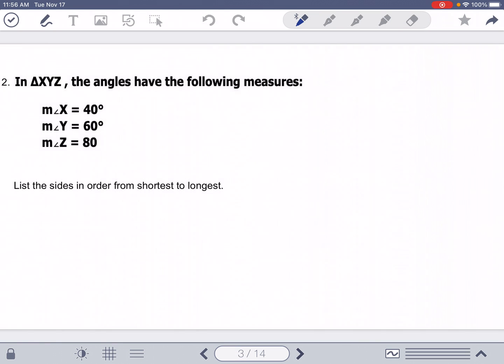Next problem, number 2. In triangle XYZ, the angles have the following measures: 40, 60, and 80. And now I need to list the sides in order from shortest to longest. Well, the first thing I'm going to do is sketch a little picture here because I don't have one, and I'm more of a visual learner.